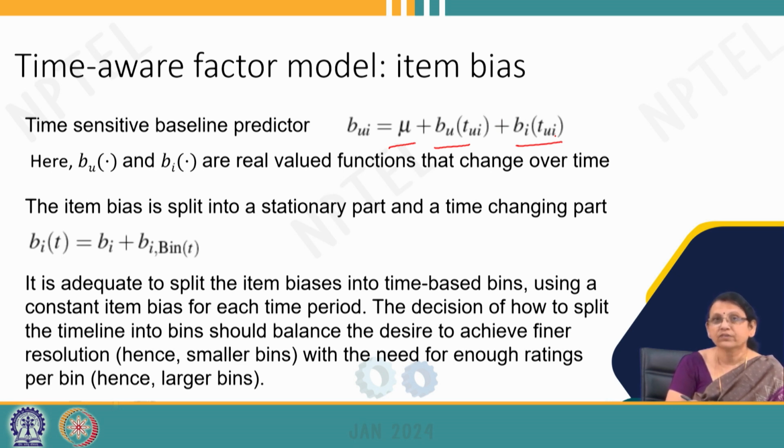Now, this b_u will be treated as a function of how the rating changes over the time, and b_i is also a function of how the rating changes over the time. So, these two are some real valued functions. Now, the question is, what are the choices for these functions?